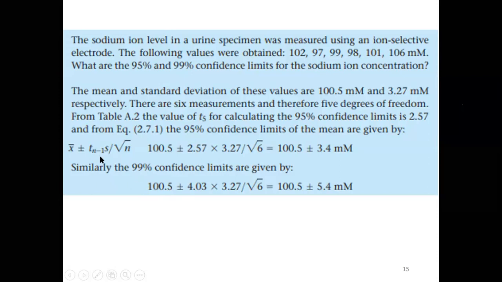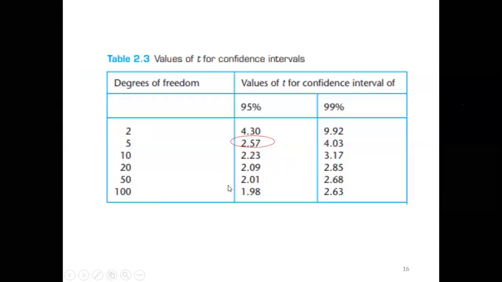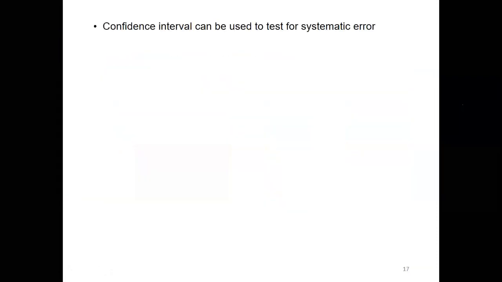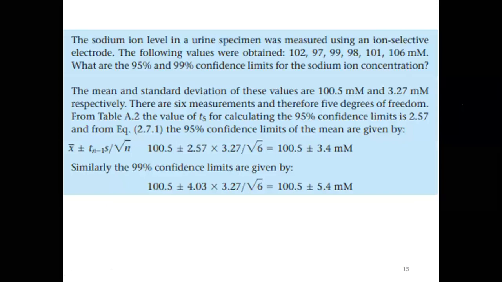When we need to find T, go to the table. It is 4.03 at 99%, substitute that value here and do the calculation. I hope it's clear.